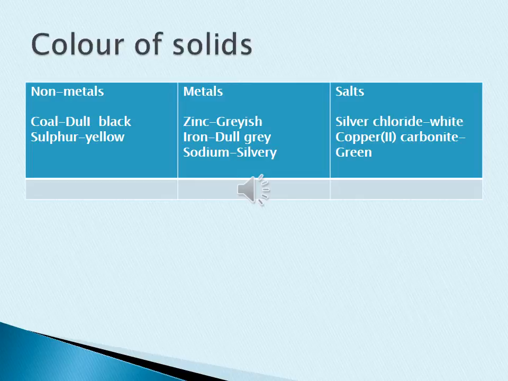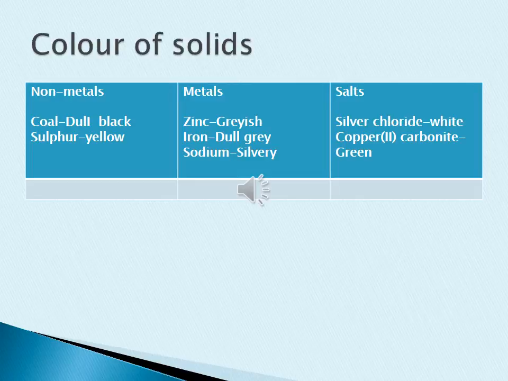These are the properties of metals. Now, can we study non-metals? Non-metals are brittle in nature. Carbon, hydrogen, sulfur, bromine are all non-metals.